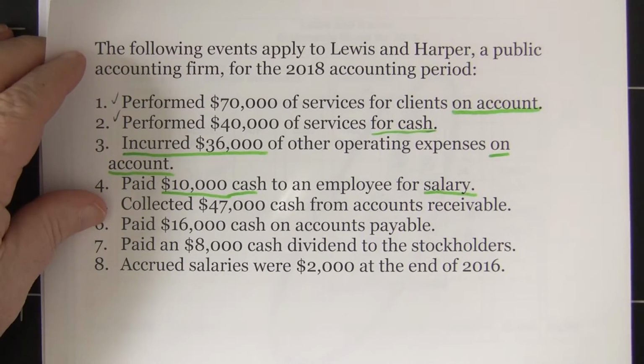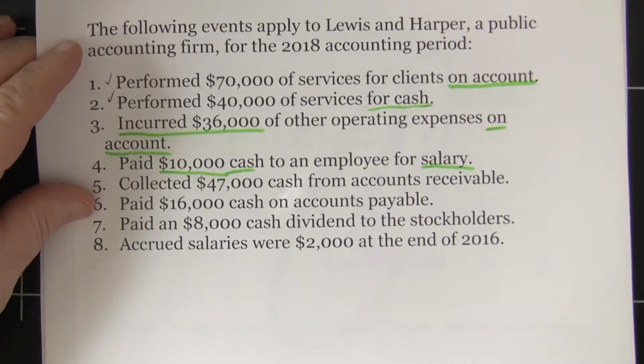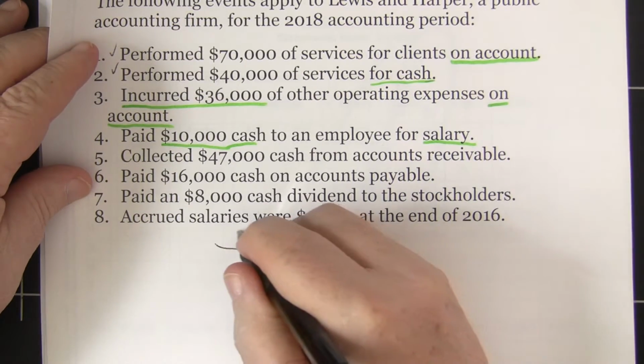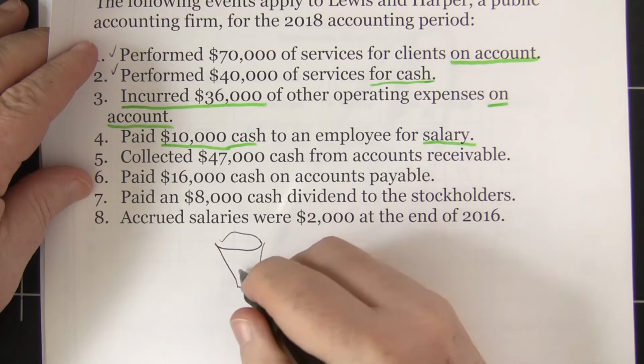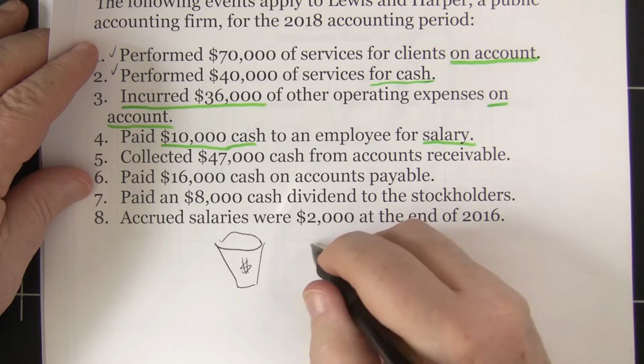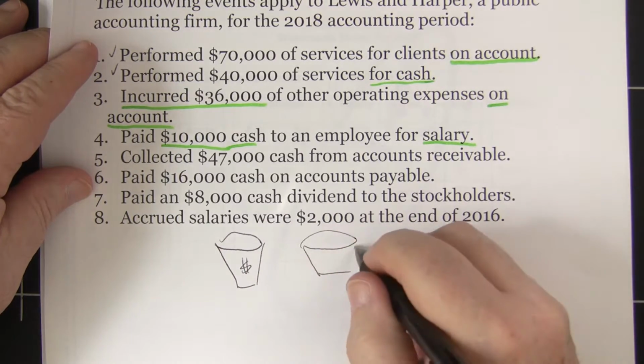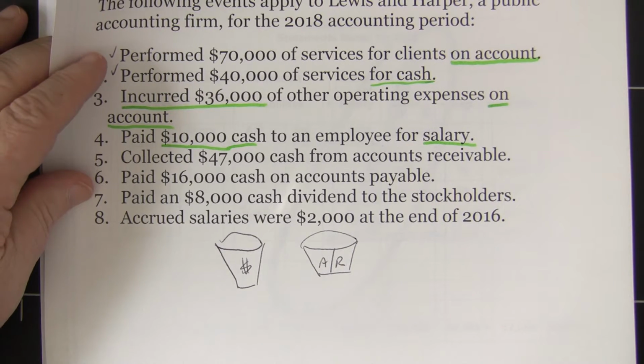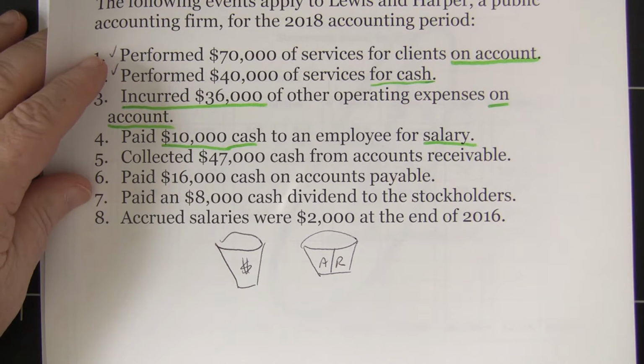Now, we collected $47,000 cash from accounts receivable. I want you to see something here. I want you to make pretend that we have two buckets. One bucket's called accounts receivable and one's called cash. They're both assets. In accounting speak, we don't care if we got the cash or didn't get the cash. It's all an asset.